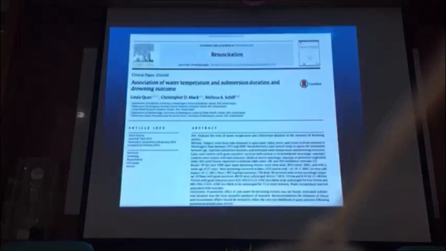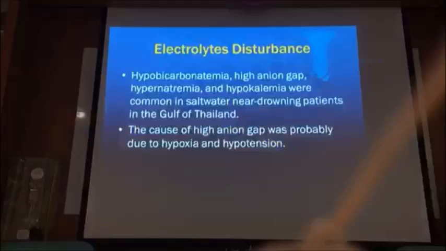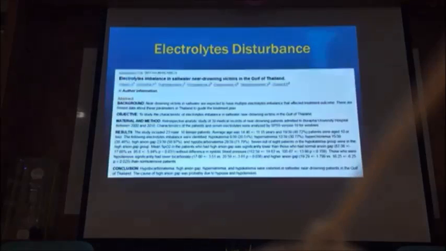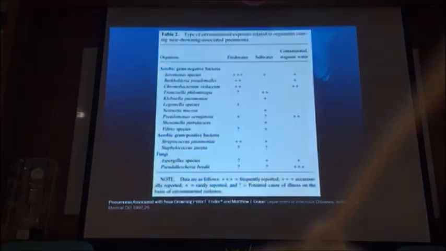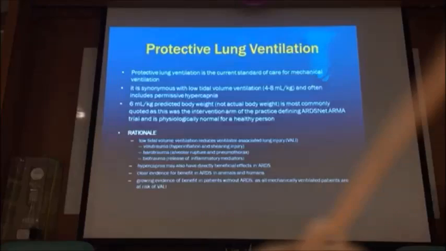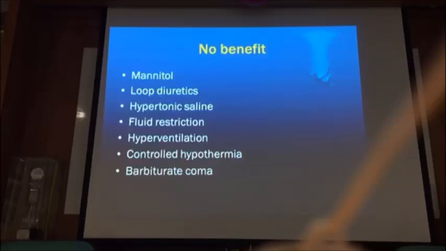Then they did a postmortem, and they found that the lung is dry. So when the lung is dry, it means that at that phase, when you have a heart attack, the patient died because of the heart attack. I haven't drowned them. So if you get the patient early and do resuscitation and so on, it will be a dry lung. But in this girl, it's only a wet lung. You can see all the things that you see.